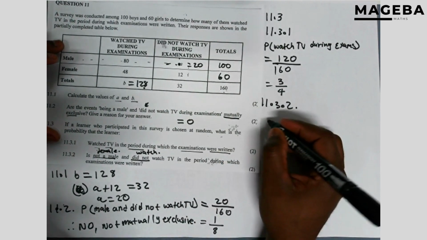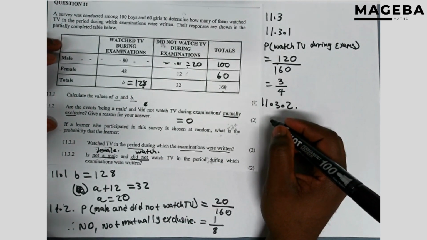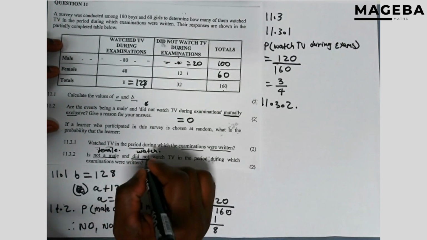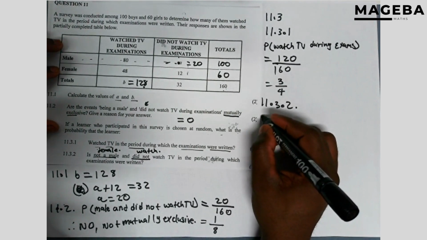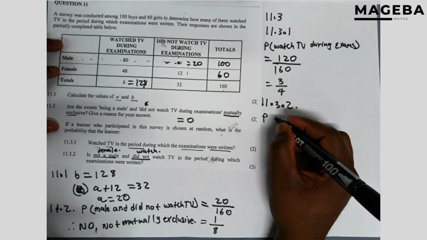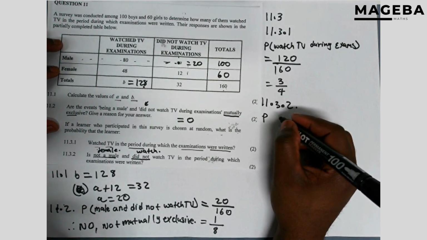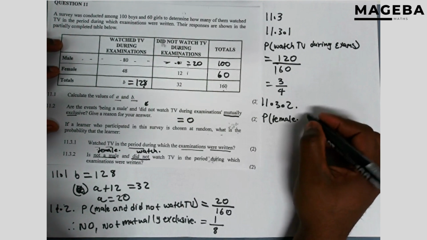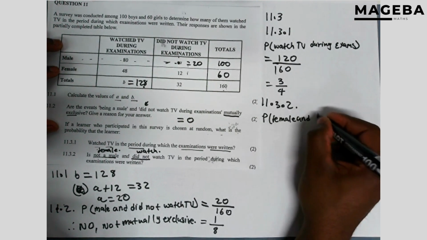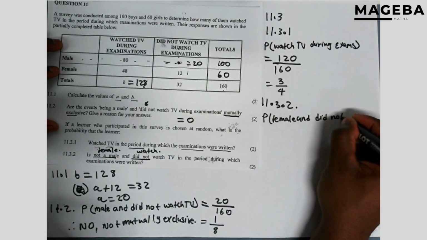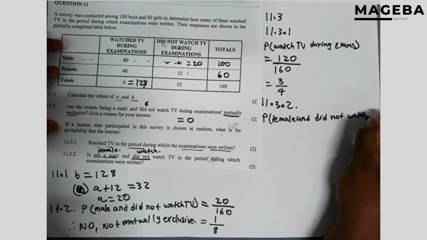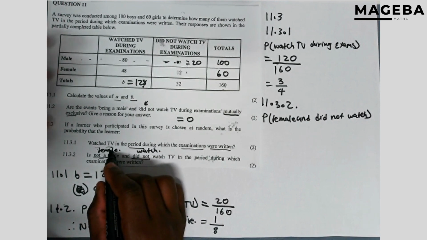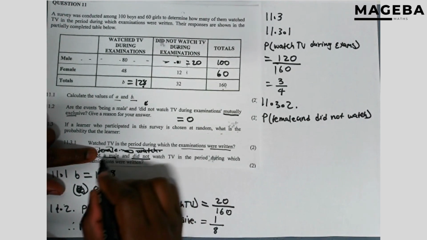So what we're going to do here is find the probability of a female who did not watch. It's not a male, meaning it's a female, but that female did not watch television.